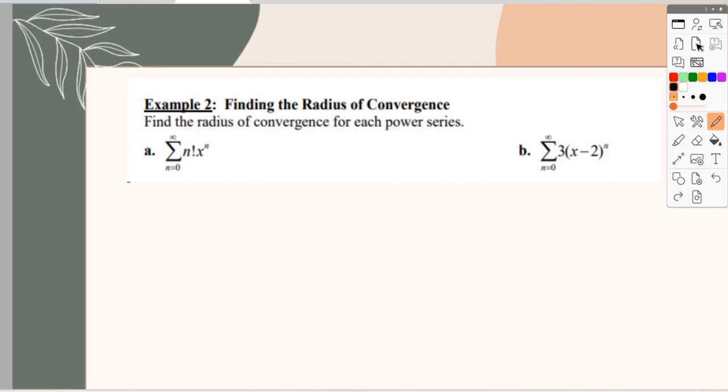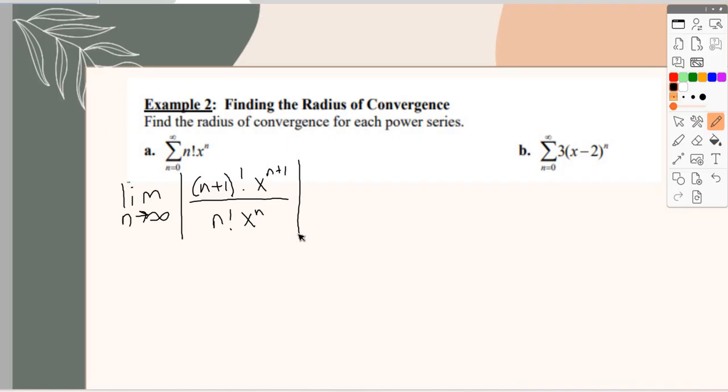Okay? So using our ratio test here, I have the limit as n goes to infinity of the absolute value of, again, our n plus 1 is what's on top, and just our original a sub n is on bottom.